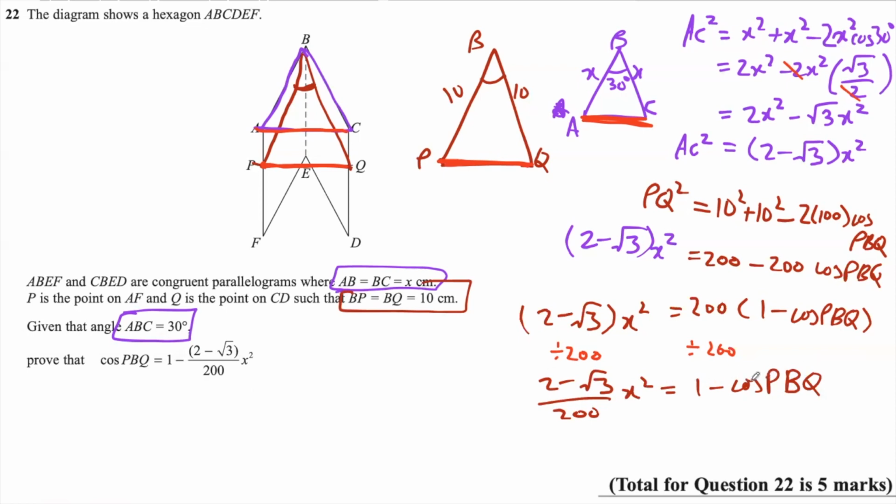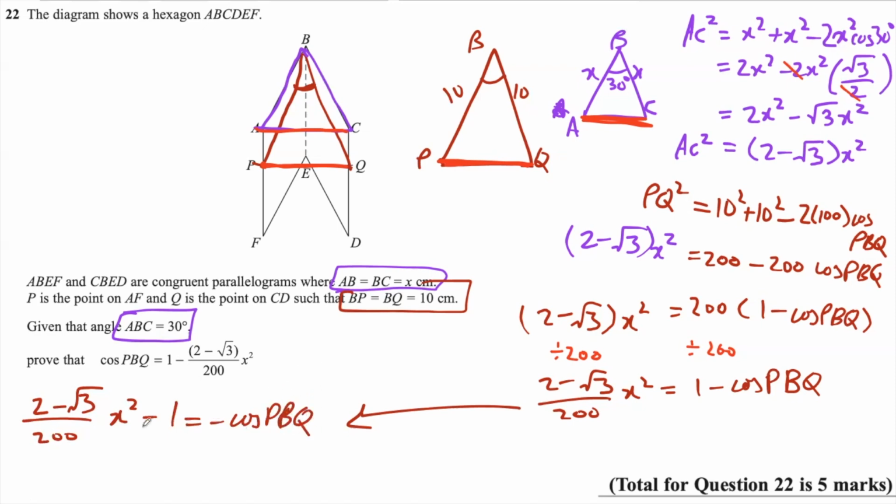Now, we can see that we have cos PBQ as a negative here, but we want it positive. So if we multiply our entire equation by -1, we can achieve that. But before that, let me just move the 1 over to the left side. So it's going to be (2 minus root 3) over 200 x squared minus 1 equals minus cos PBQ.